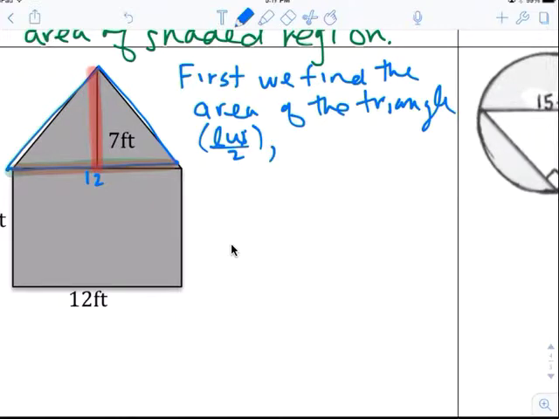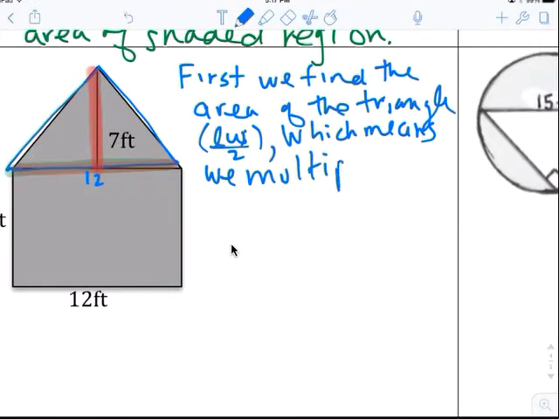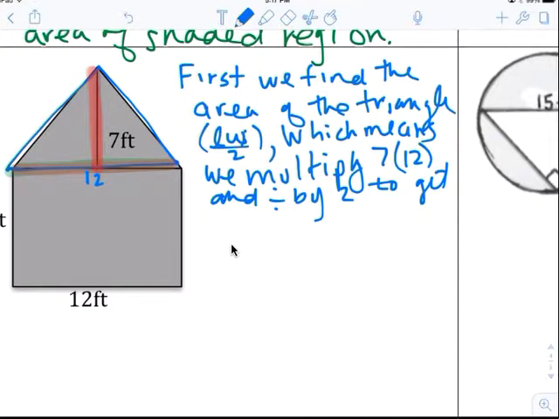Which means we multiply 7 times 12 and divide by 2 to get 42 feet.